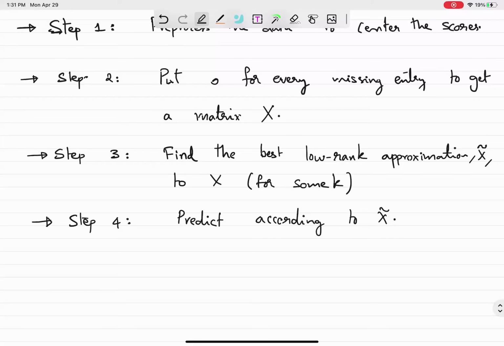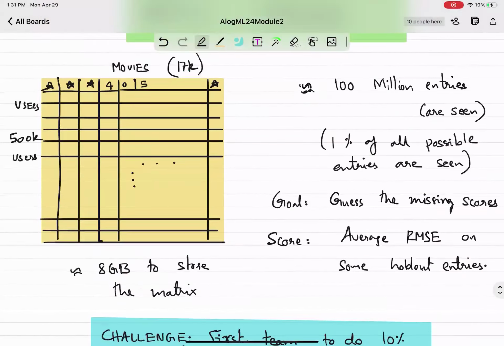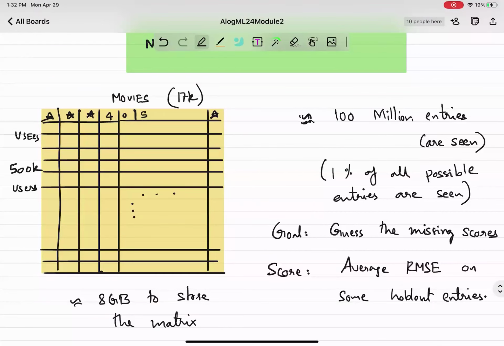So why should this be a reasonable thing to do? Any guesses as to why? The heuristic reasoning that people had was that maybe there are some low rank factors which make this matrix approximately low rank. You can imagine that I can estimate the score based on some weight I give to specific genres.